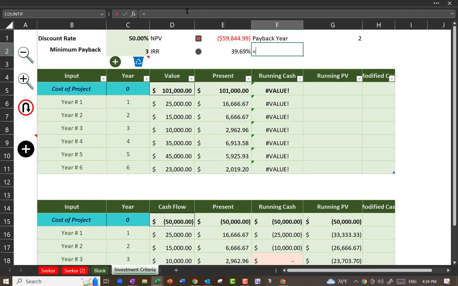Or cash flow that year. Deficit that year. This is the actual year before the payback.